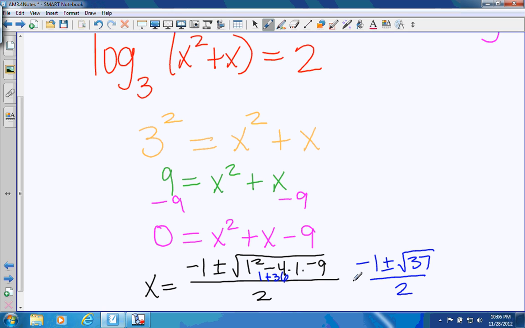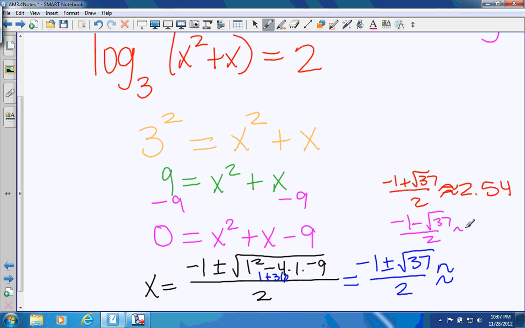And so, if you convert these two answers to decimals by taking negative 1 plus the square root of 37 over 2, you will get an answer of 2.54, rounded to the nearest hundredth. If you take negative 1 minus the square root of 37 over 2, you will get approximately negative 3.54.